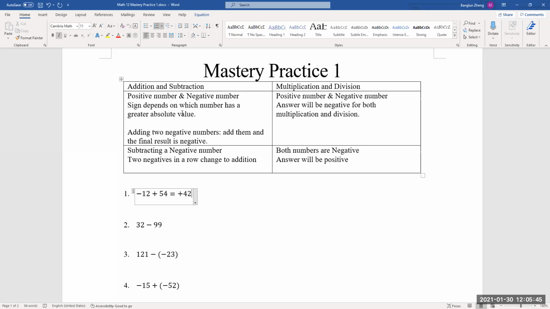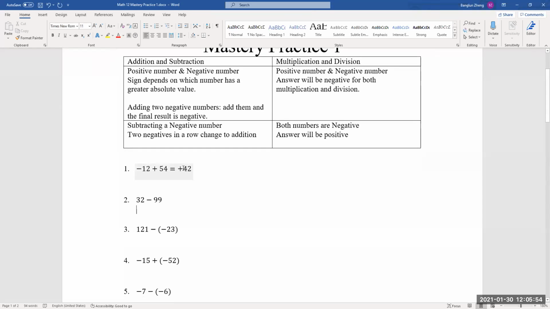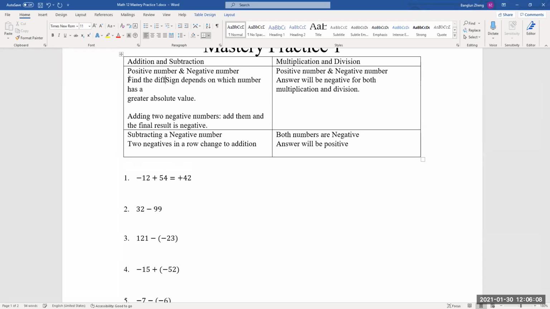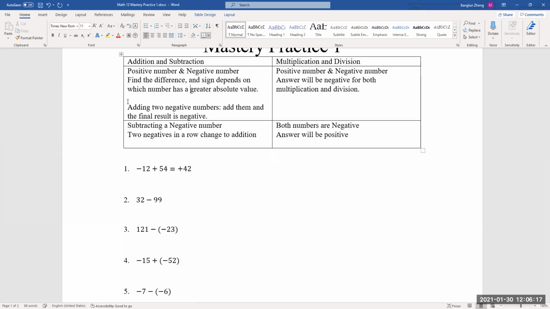So our answer is 42, positive because 54 has the larger absolute value. Let me add a note: find the difference, and the sign depends on which number has a greater absolute value.